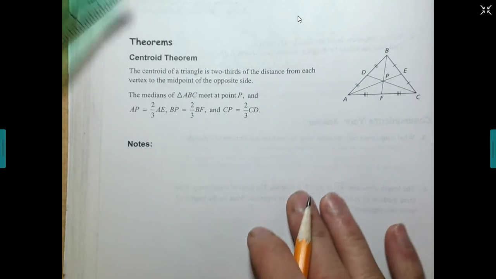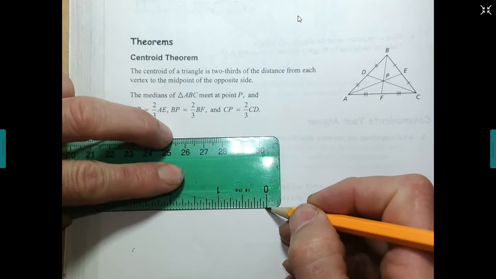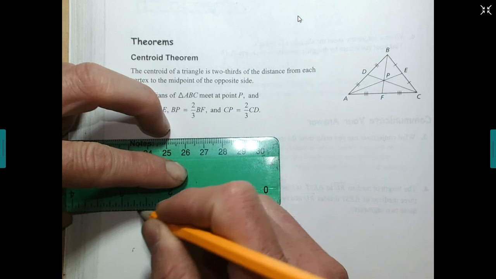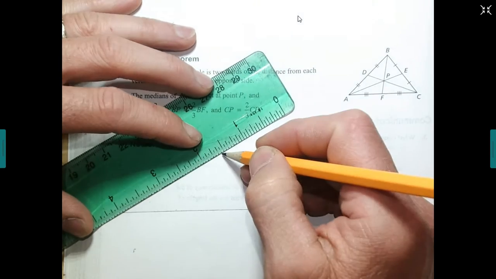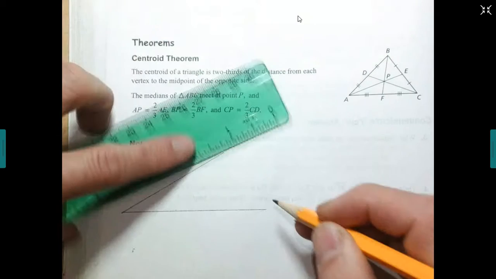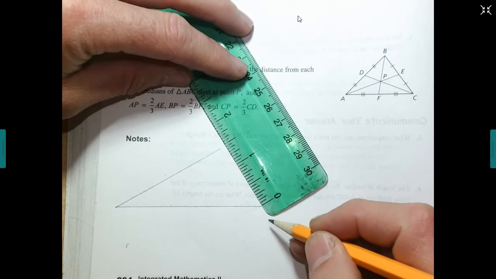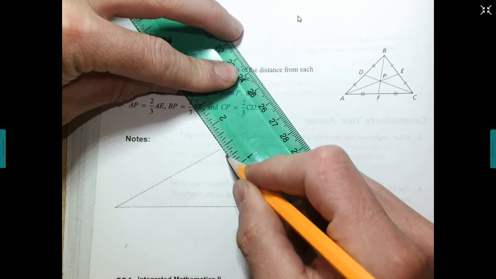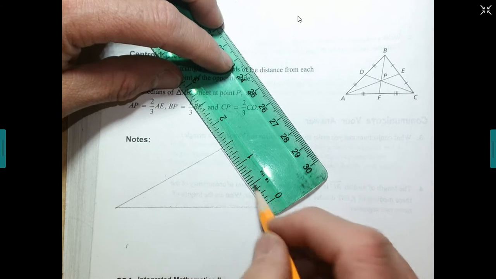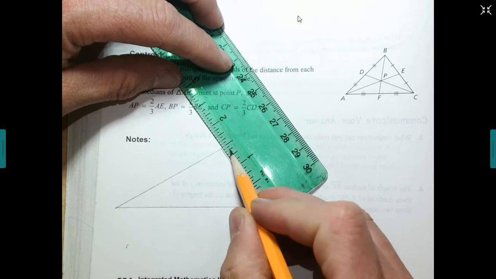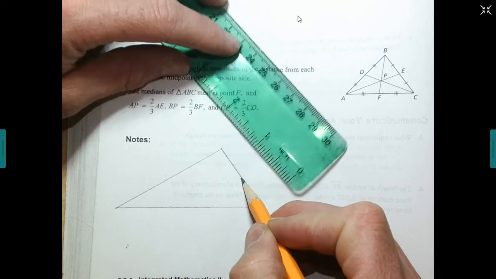So if you were to draw a triangle. Let's say you've got a triangle. What you're going to do is split each side directly in half. So 1.5, so that would be 3/4.